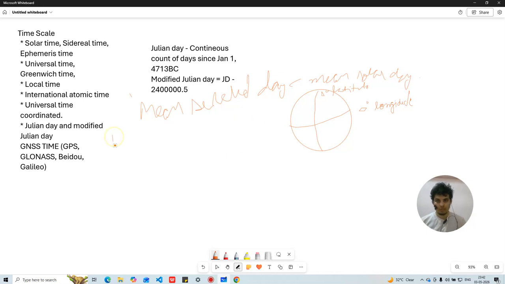One mean sidereal day is 23 hours 56 minutes 4.0954 seconds.